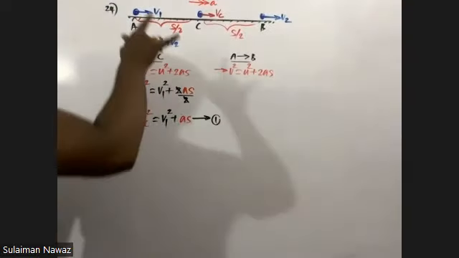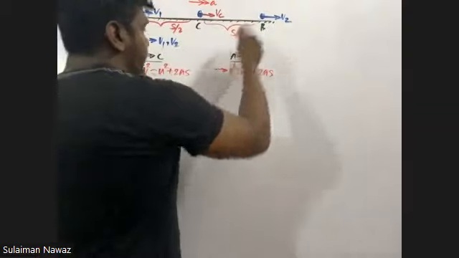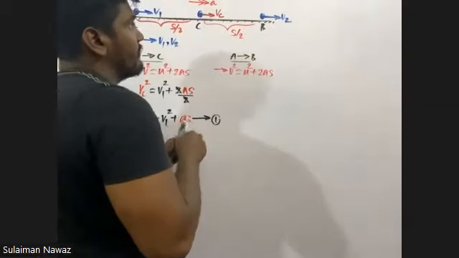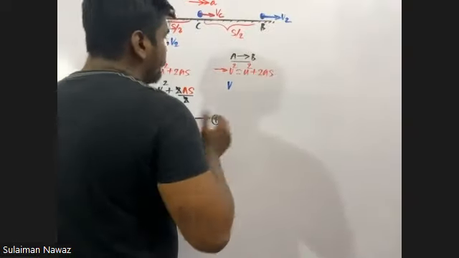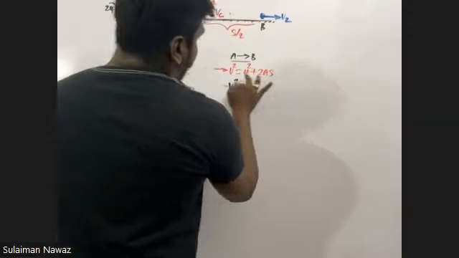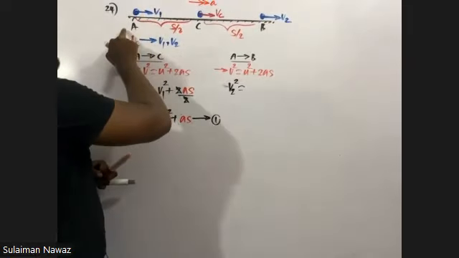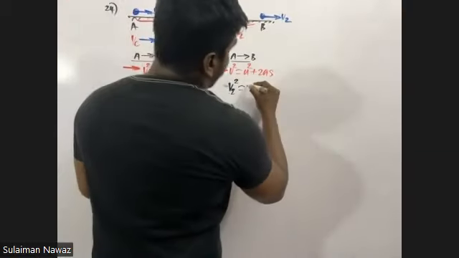Likewise, if I consider A to B motion, final velocity is V2. A to B, velocity at B is V2, so V2 squared. Initial velocity U is how much? Velocity at point A is V1.